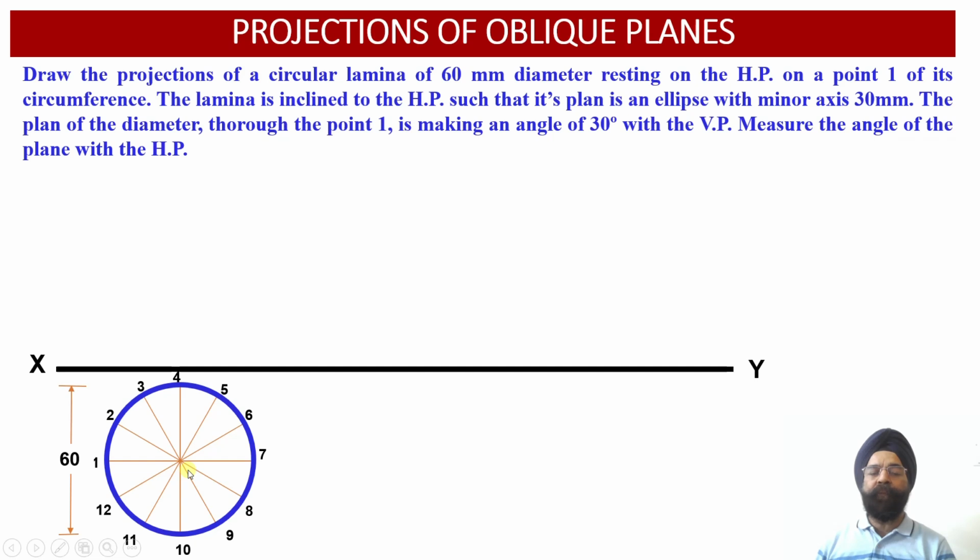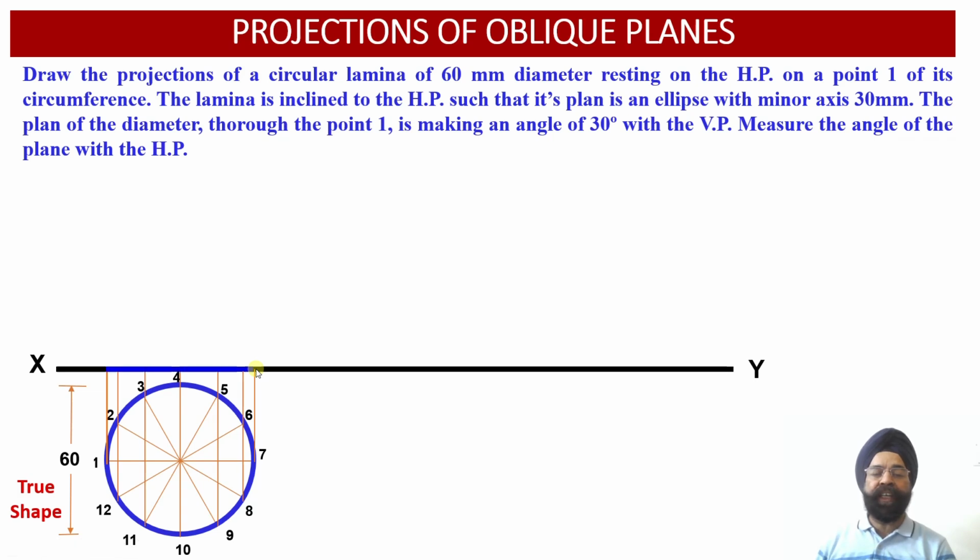So this is the top view true shape projection of the circular lamina, which has been obtained onto the horizontal plane over here. And because we have obtained the true shape projection onto the horizontal plane, this projection will be drawn below the XY reference line. And while this lamina is contained by the horizontal plane, as we look at this lamina from the front view, we are going to obtain the projections of all of these points, that is all the 12 points of this circular lamina.